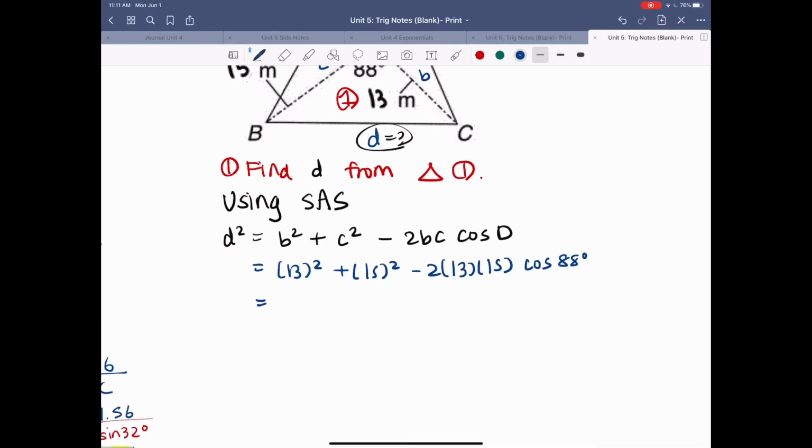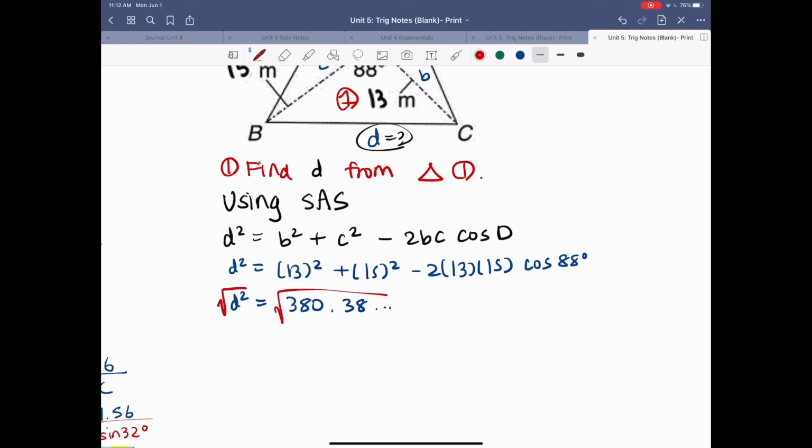Based on that, you plug it in, and sometimes I provide more work, but for now I'm just going to write down the answer that I get once I put all of this in the calculator. Sometimes I like to put it in steps, like this part, and then this part. For this version, I have 380.38 dot dot dot. At that point, I need to square root both sides.